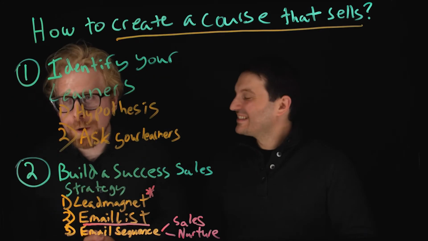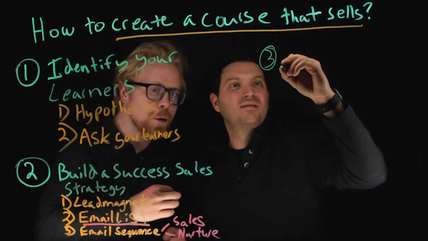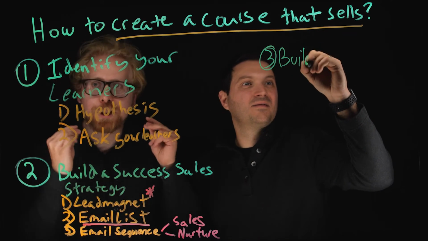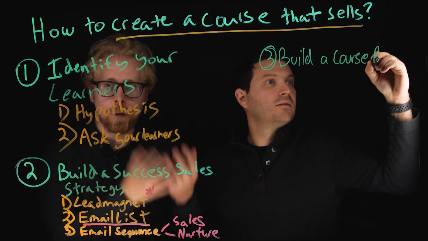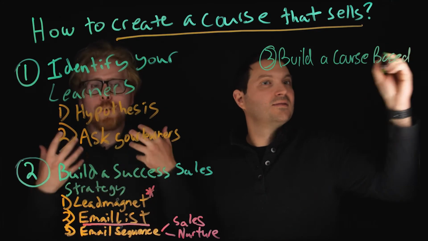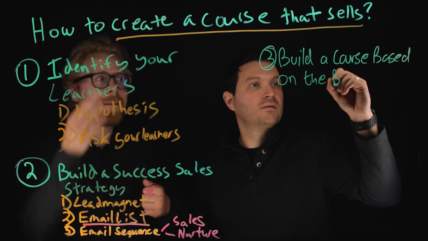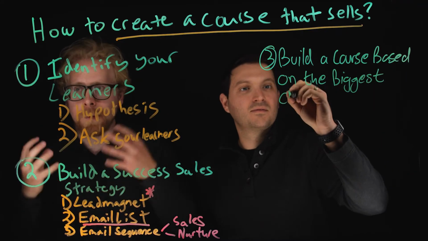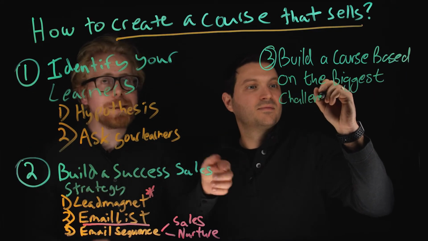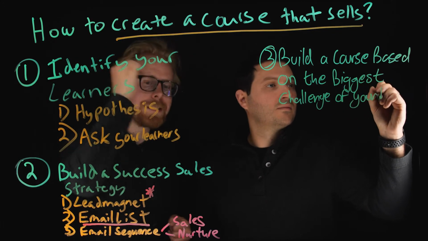The third part of the process today is to build a course based on the biggest challenge of your learners. There is no need to add all sorts of fluff. Just get to the point and teach them exactly what they need to know to overcome their biggest challenge. By doing this, you will guarantee that your course will sell.